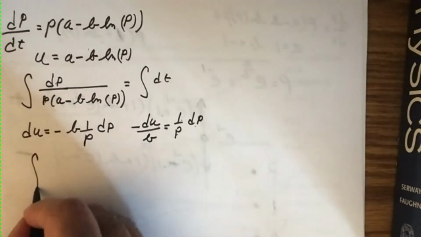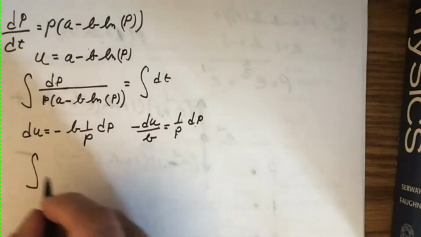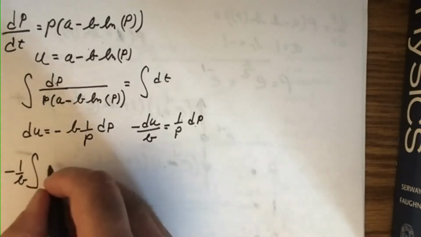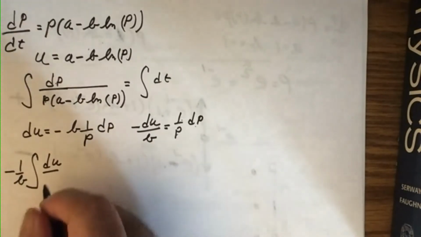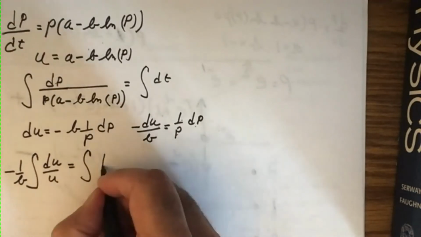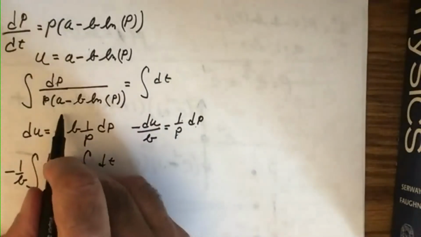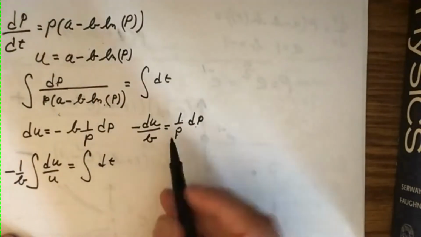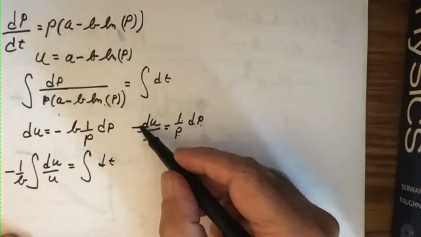So this is going to become the integral of minus 1 over b du over u. My u is equal to this, and the 1 over p dp is equal to minus du over b.